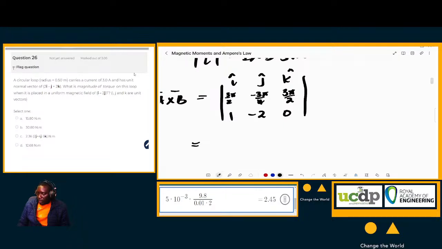So the first thing, we block out the i, and we deal with the determinant of the bigger quadrant, which has these as our components A, B, C, D. For the i direction, we've got the determinant AD minus BC, which is 0 minus 3 pi over 2 times minus 2, which gives us minus 3 pi. That's for the i. Plus for the j.